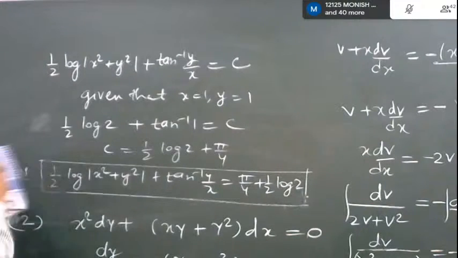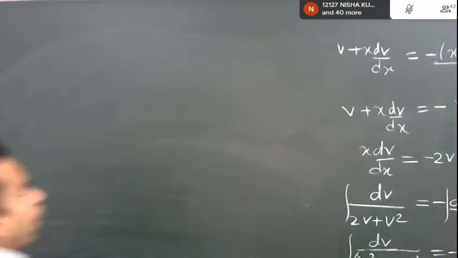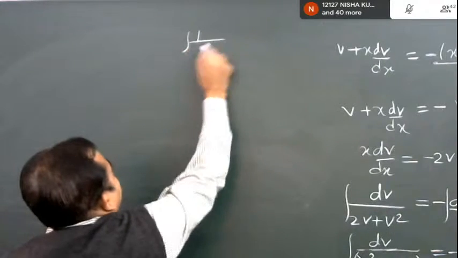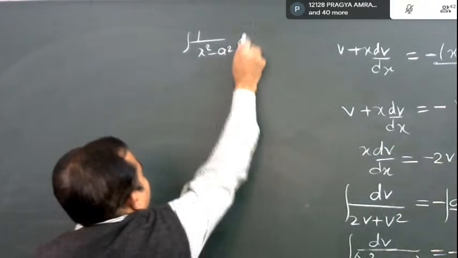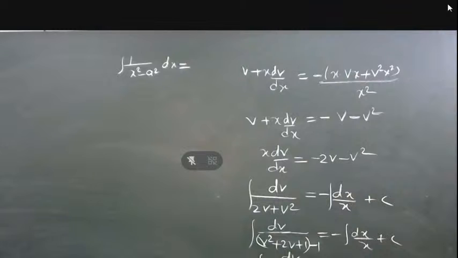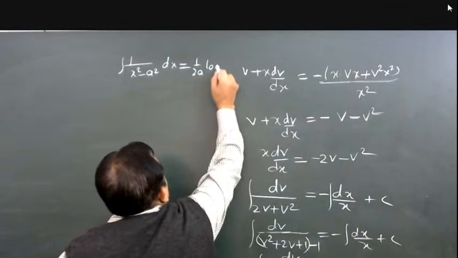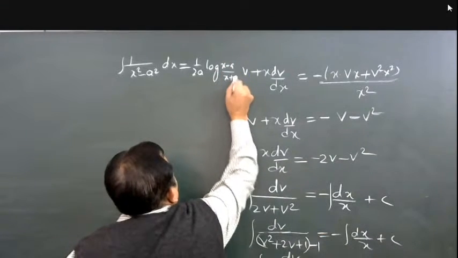Manisha Veerwal, can you tell me what is the formula of the integral of 1 upon x square minus a square? Anyone remembers? In A section. 1 upon 2a log x minus a upon x plus a plus c. Exactly, 1 upon 2a log x minus a upon x plus a plus c.